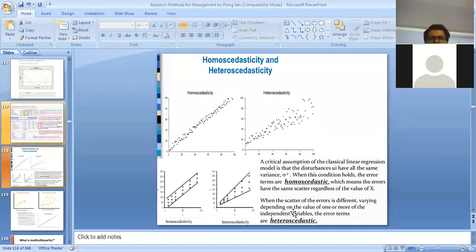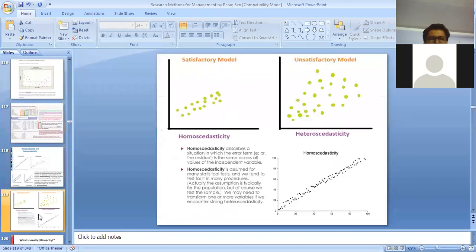And when the scatter of the errors is different, varying depending on the value of one or more of the independent variables, the error terms are heteroscedastic. You can see that depending upon the value of x, the error terms are changing. So this is known as heteroscedastic, and that is an unsatisfactory model.